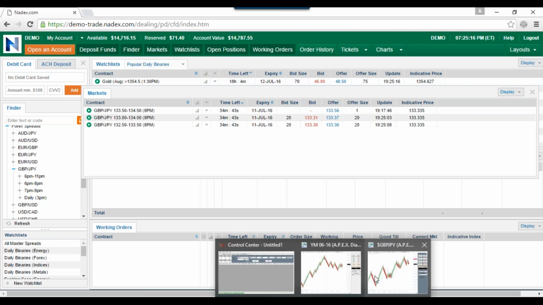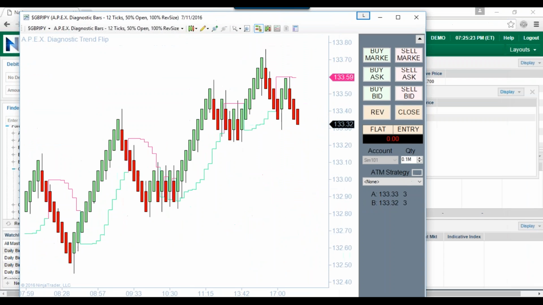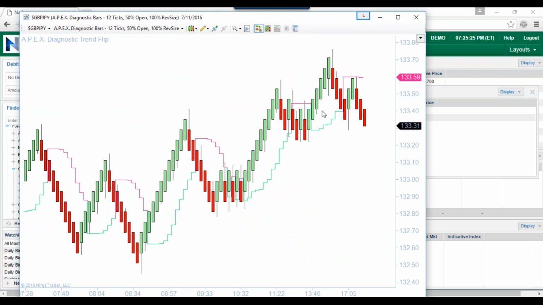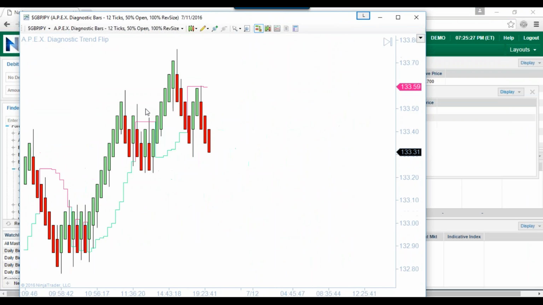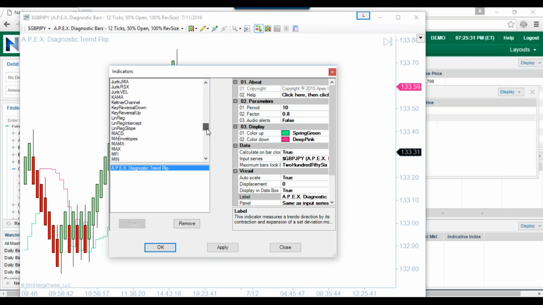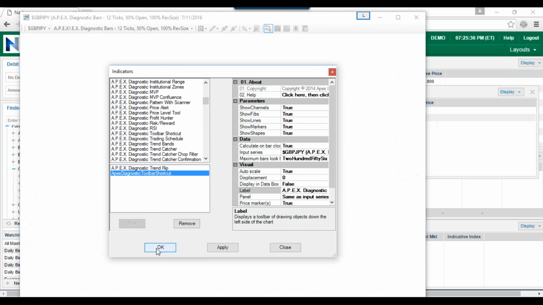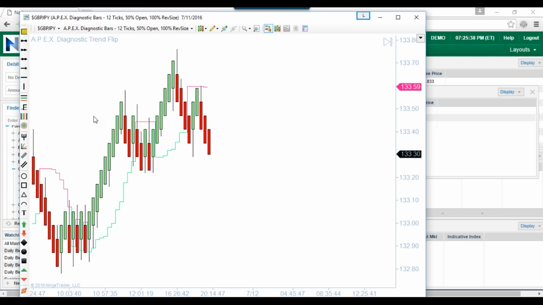Let's make it look a little bit different here. 133.50. Okay? Here's a pound yen chart. So what did they do? Let me just add in something real quick here. We need to be able to draw. So I believe it was Clyde who asked, wasn't this assuming it's bullish?